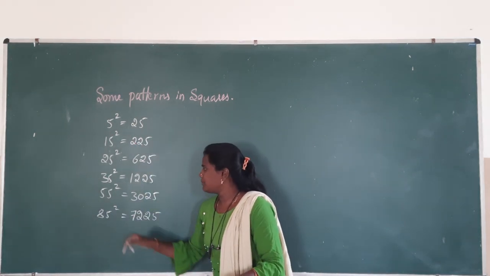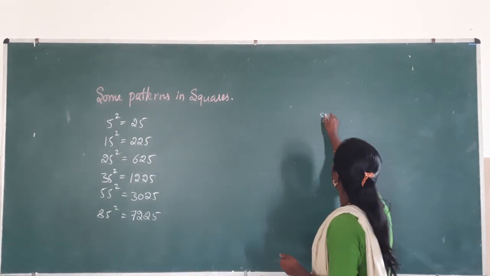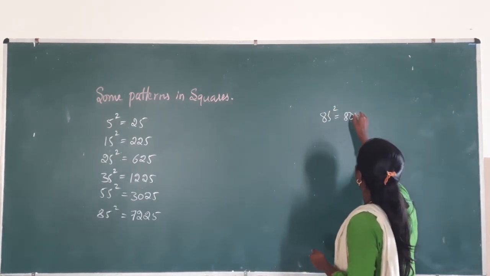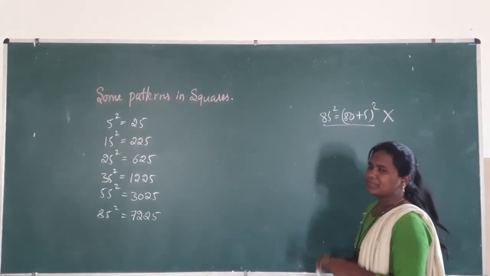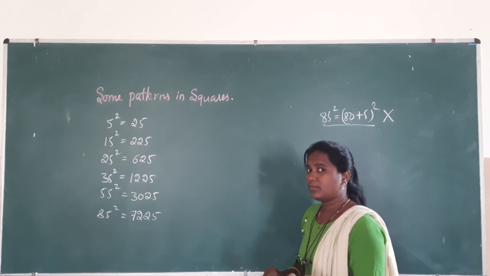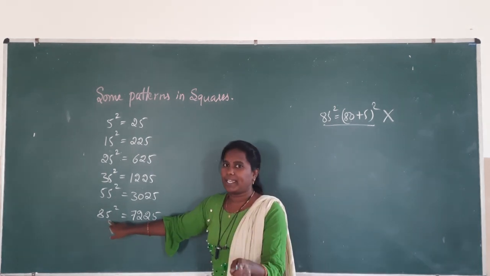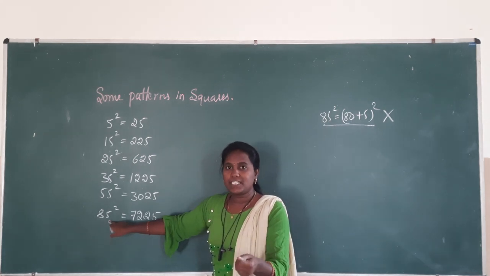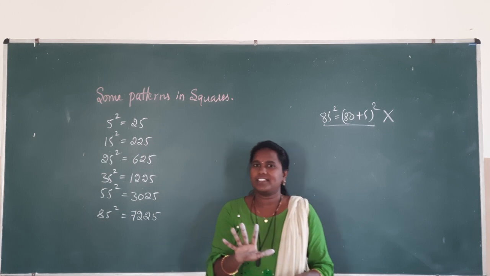It is not necessary to find it as 80 plus 5 whole square. It's correct, but it's the longer process. It is easy to find the square of a number ending with 5.